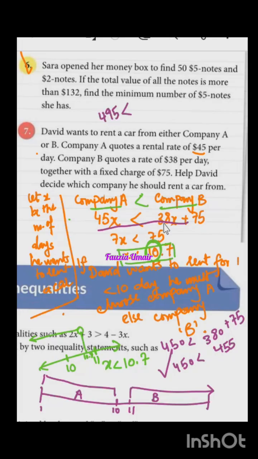Now 38 into 11 is 418, plus 75 is 493. So now this inequality is wrong. 495 is not less than 493.